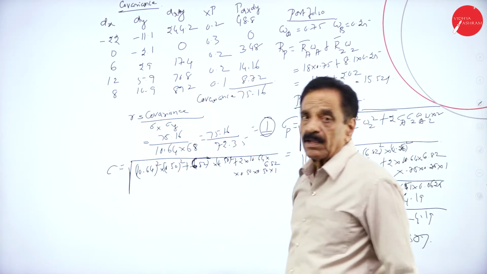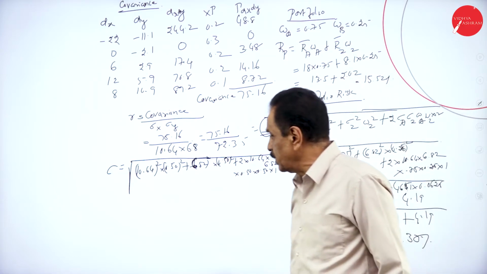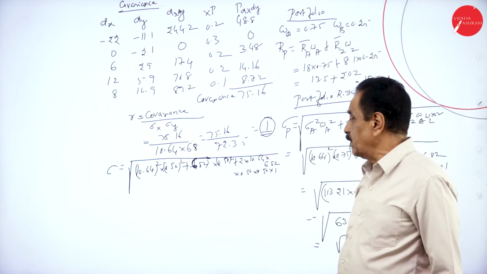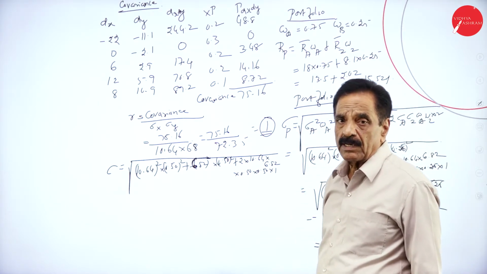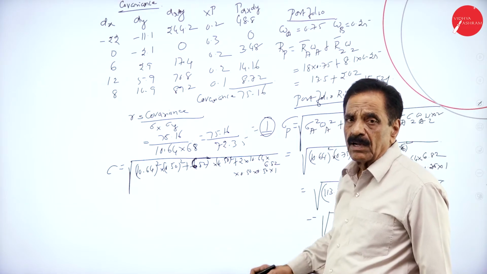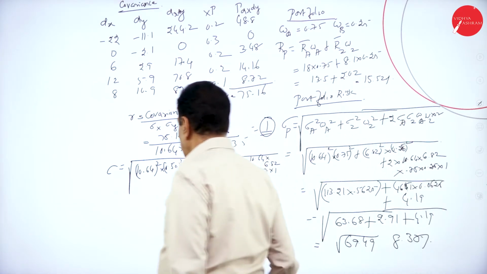What's the formula? Standard deviation 1 square into W1 square, plus standard deviation 2 square, W2 square, plus 2 into standard deviation 1, standard deviation 2, WA, WB. Simplify.